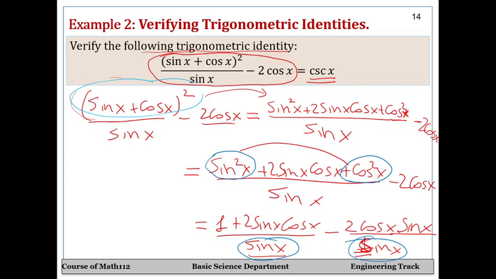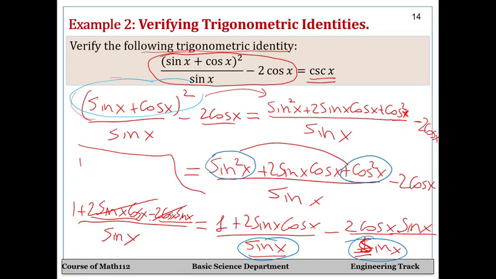So we can combine these two. It will be 1 plus 2 sine x minus 2 cosine x sine x, divided by sine x. These two are the same, but there's a minus, so cancel them out. So you will get what?